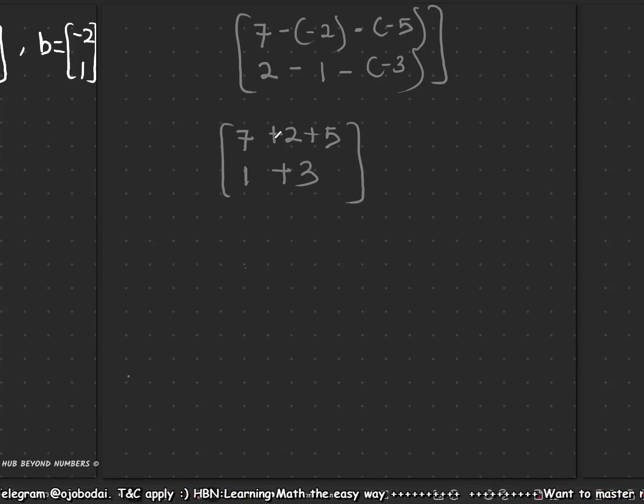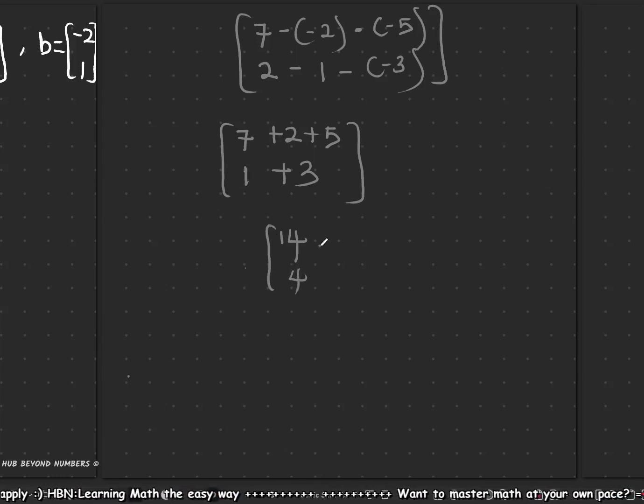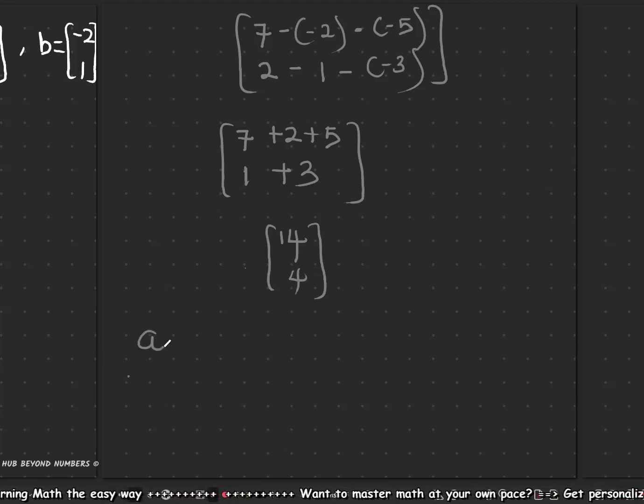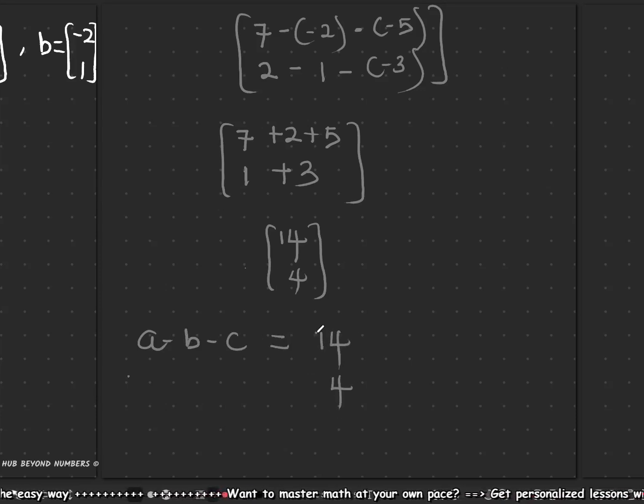So we evaluate 7 plus 2 gives us a 9, and then the 9 plus 5 gives us a 14. So for the x component, we are getting 14 for that. And then 1 plus 3 gives us a 4. So at this stage, we are done. There is nothing else to simplify. So this simply means A minus B minus C gives us the value 14, 4.